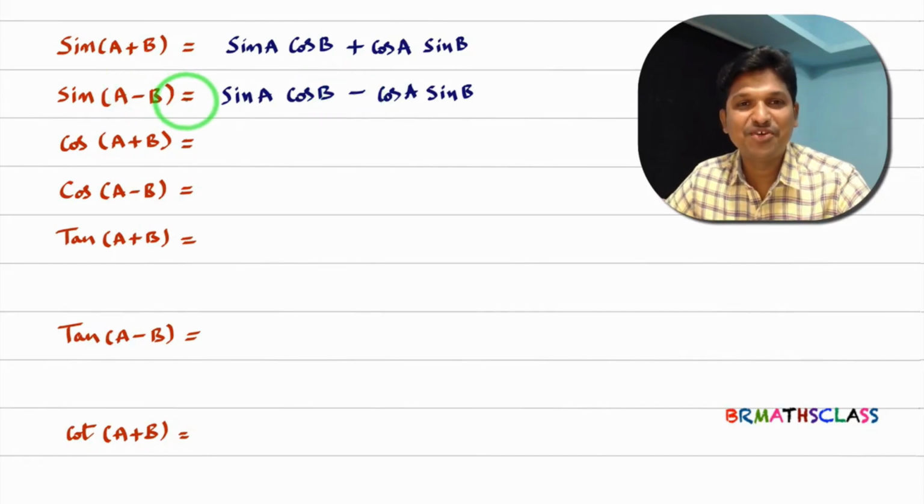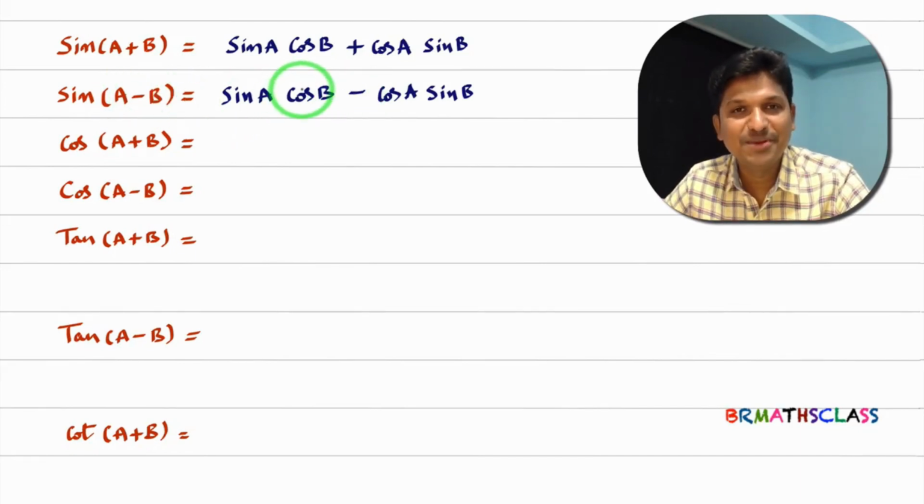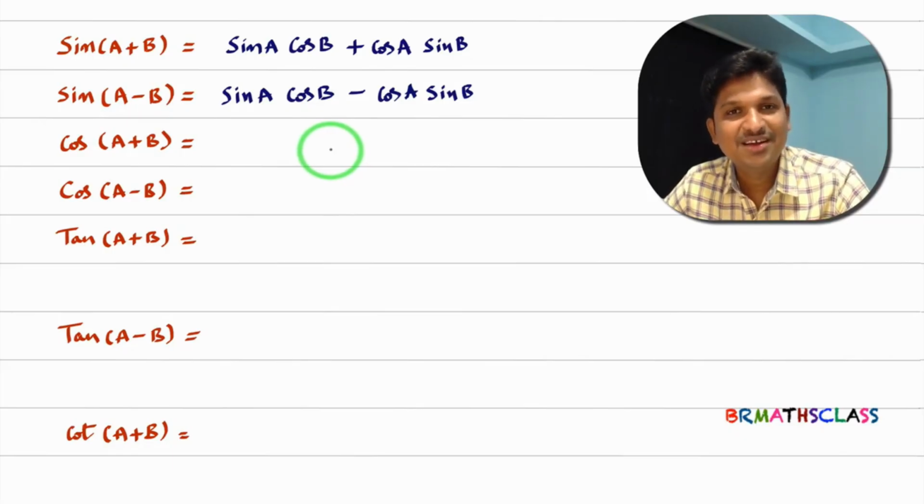Sin(a-b) is sin a cos b minus cos a sin b. So once you learn sin(a+b), sin(a-b) is not a difficult thing. Sin(a+b) is sin a cos b plus cos a sin b. Or else you can memorize like this also: sa, ka, sa. For sin(a+b), the plus symbol will be there. For sin(a-b), the minus symbol will be there.